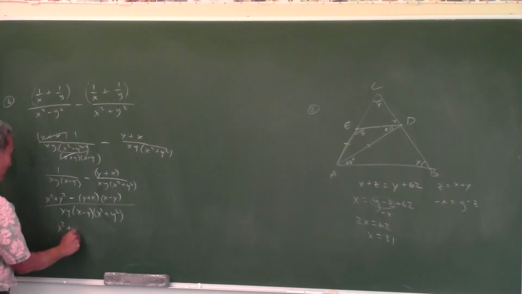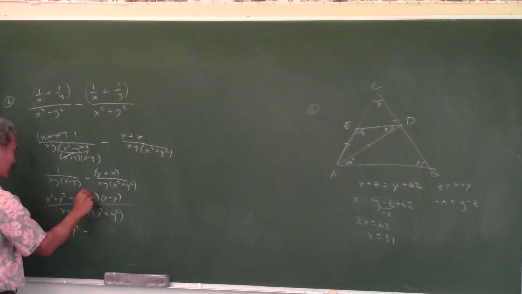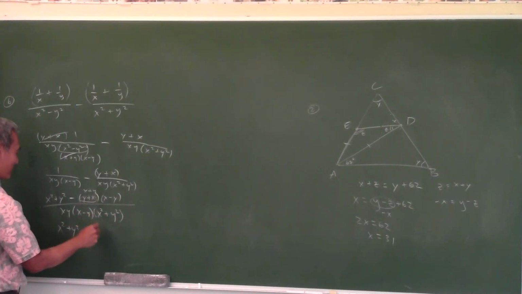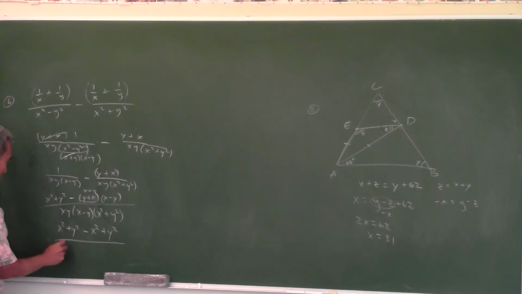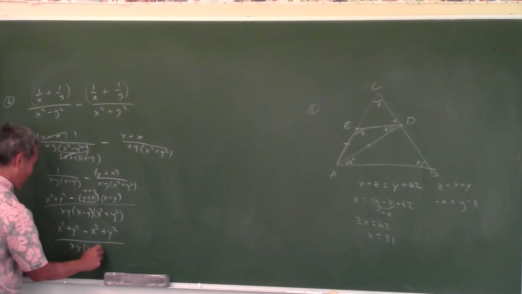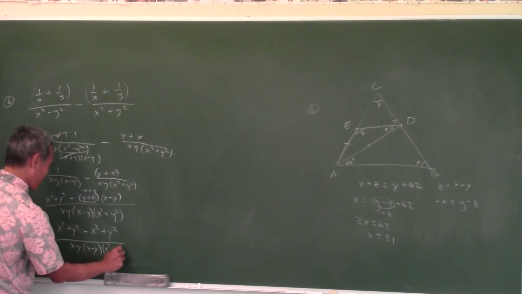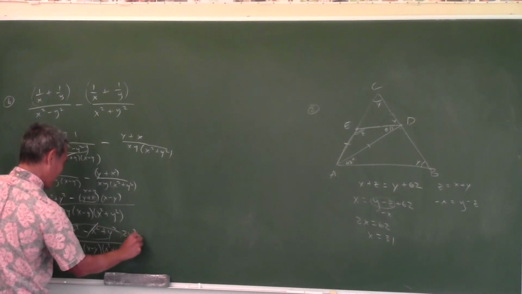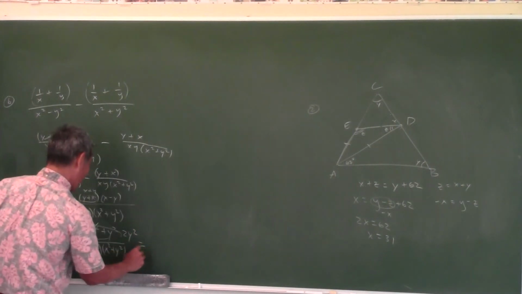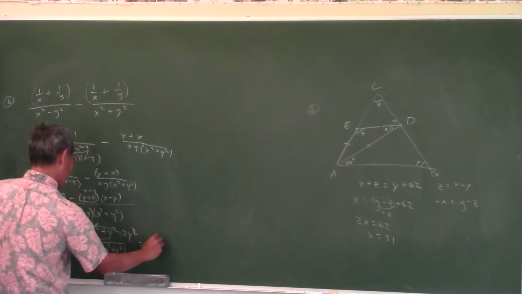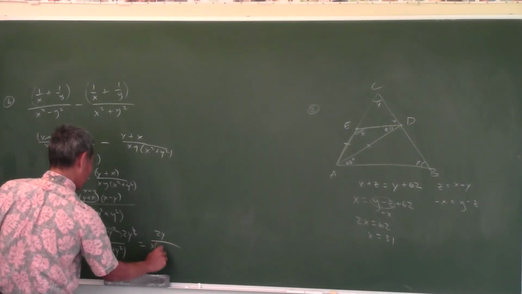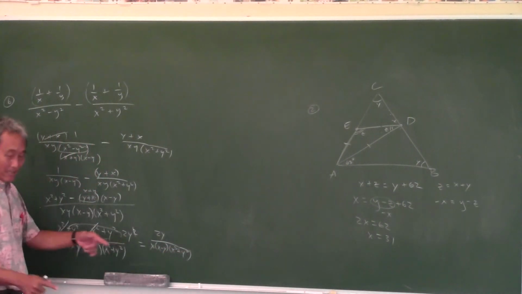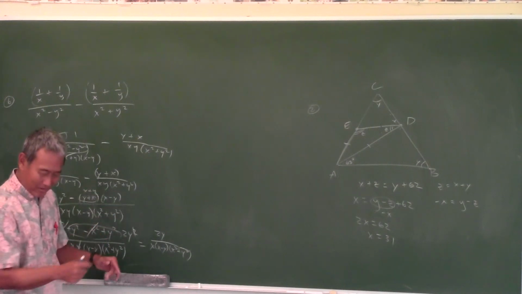You get x squared plus y squared minus, well, this is like x plus y, so when you multiply it, you get the difference of squares, so you get x squared minus negative y squared, so plus y squared, all over xy, x minus y, x squared plus y squared, and so this combines to 2y squared. And then you can cancel, right? So what's left? This y cancels into that, so you get 2y all over x, x minus y, x squared plus y squared. Whew. So that's that one, and then you can combine it with other things later on and start canceling.